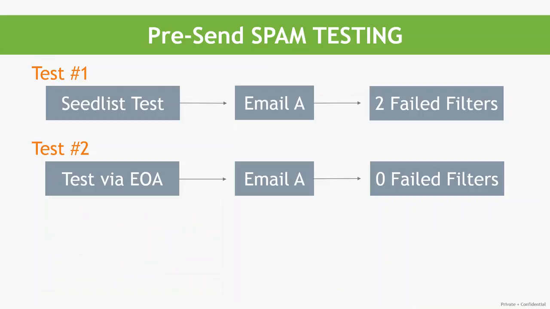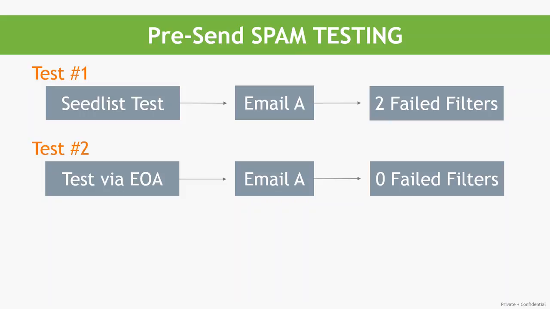So test 1 was a seedless test, and we sent our email campaign, which we're going to call email A, and we failed 2 filters. Now we're going to want to run a second test, and we're going to test via Email on Acid. We maintain excellent server reputation so that you know that any deliverability issues are not caused by reputation. They would be caused by content if there's an issue. So we send out email A again, exact same content, no changes, and we fail 0 filters.